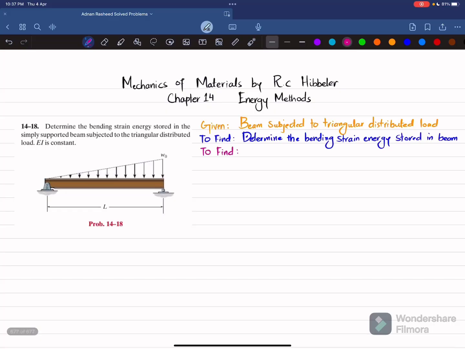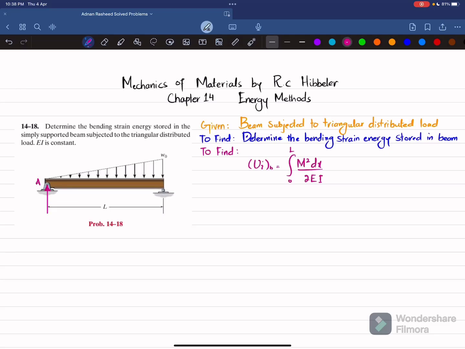So let's start with the solution. As we know that bending strain energy Ui is equal to integral of M square dx divided by 2EI, and there is an integral from 0 to whole length L. Now we will find this moment M. So the first step is that if you remove this pin support at this point, you will be having reaction force.